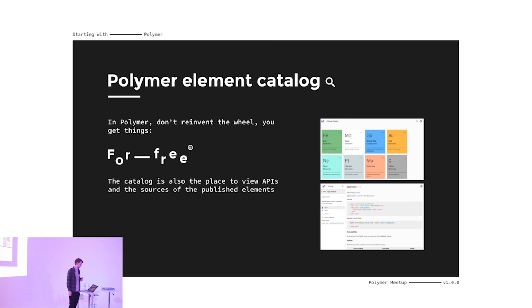If you want a nice input and it's in the Polymer element catalog, you should use it, really, because you get everything for free. You get the ARIA roles, you get the tab index, you get all these things that you might not necessarily consider yourself. They've already been sorted, which is cool, because you get to put a whole day's work in your timesheet, but you've only done an hour, so it's fine.